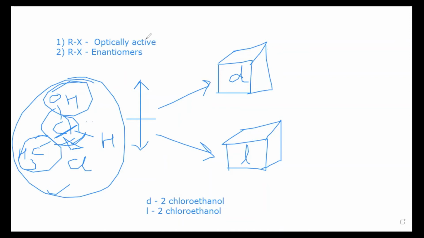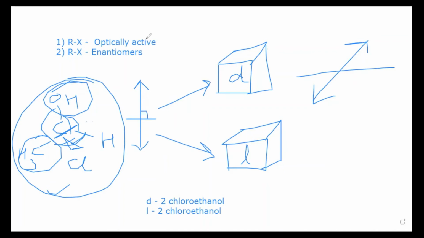When this plane polarized light is made to pass through the D isomer, obviously it is optically active, so it is going to rotate the plane of polarized light. And when I say plane of polarized light, I think you clearly understand that the angle it makes with respect to the x-axis, which I took as 90 degrees over here, will no more be 90 degrees.